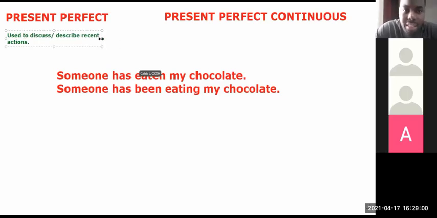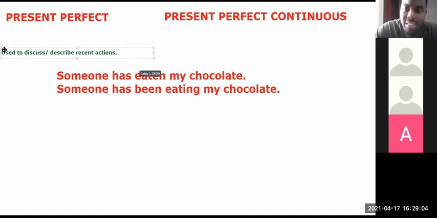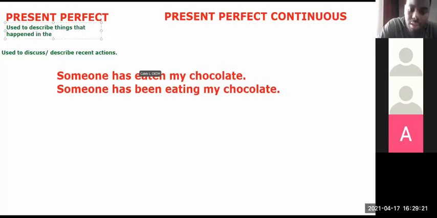Something that happened recently. Don't forget the main idea of the present perfect tense: it is used to describe things that happened in the past but still have an effect.